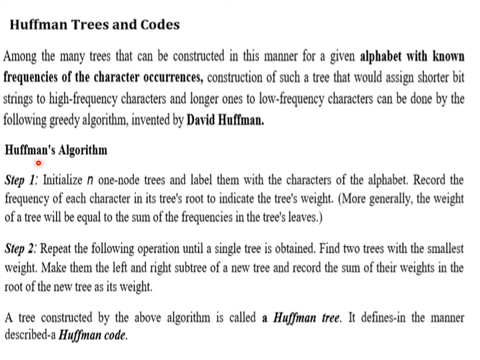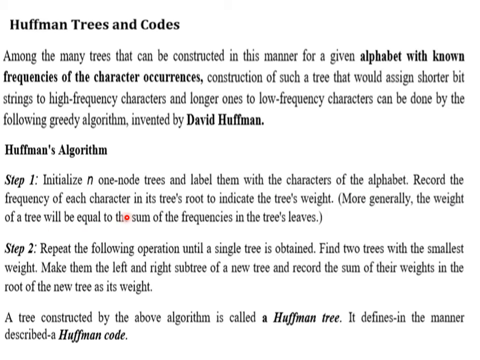So we'll see the algorithm in steps. Initialize n one-node trees and label them with the characters of the alphabet. So if there are n characters we want to encode, in a text, we are using a total of n characters. First we initialize n nodes and label each node with its character of the alphabet.